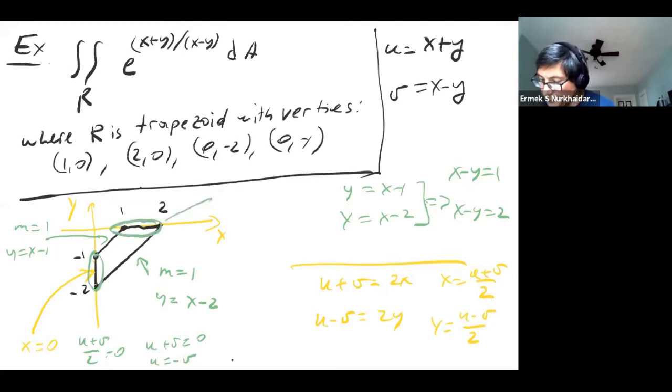The other boundary is y equals 0, and y equals 0 means u minus v over 2 equals 0, so u minus v equals 0, so u equals v.